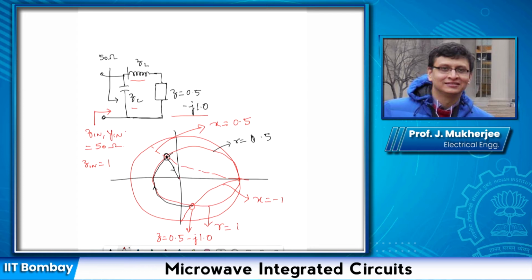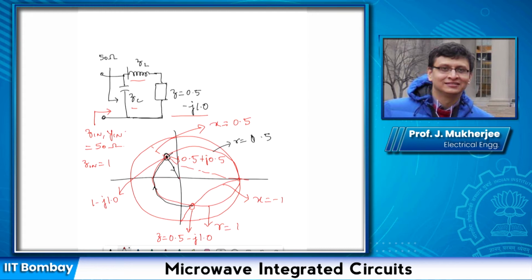Okay, and at this point, in terms of z, it is 0.5 plus j 0.5, and in terms of y, it is 1 minus j 1.0. Okay.